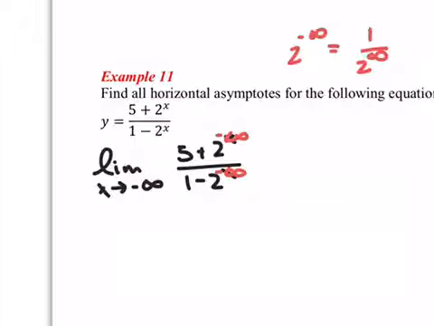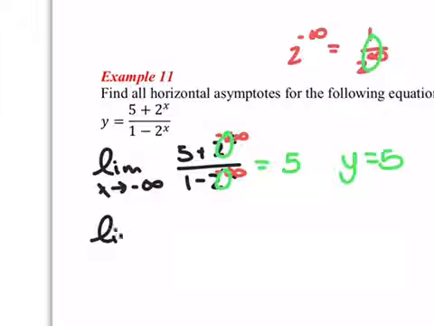So therefore, what is that essentially? As infinity or this exponent gets larger, that's just going to turn into 0. So both of these will turn into 0 as x goes to negative infinity. So it looks like we get a horizontal asymptote of y equals 5. So on the left side, as x goes to negative infinity, this is our horizontal asymptote.